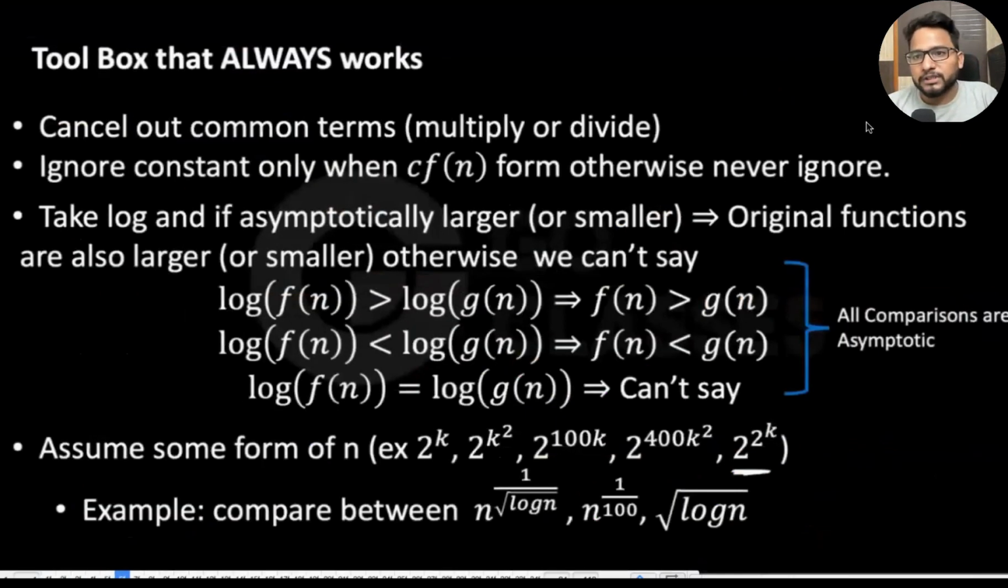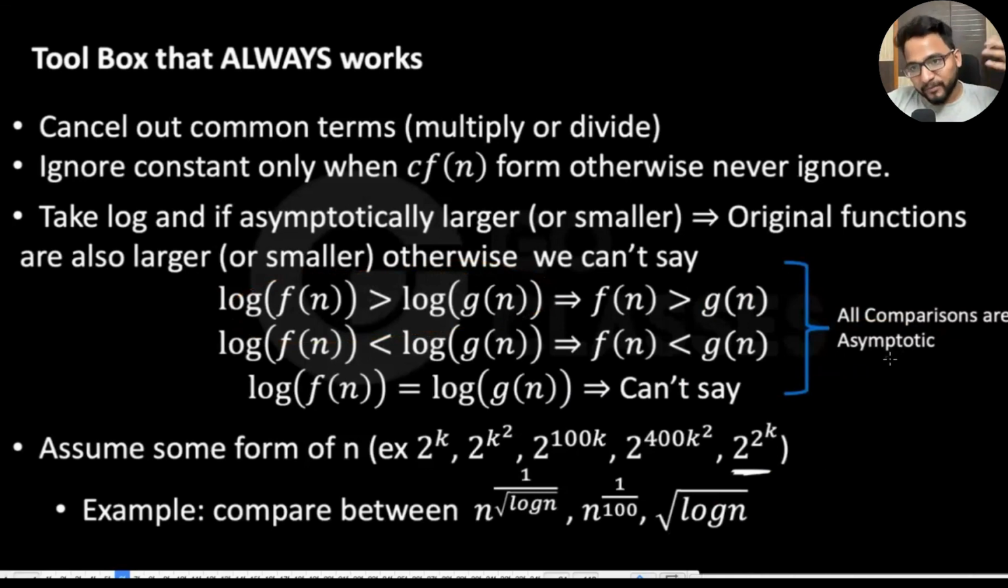That's why I always write that all comparisons are asymptotic. Informally I will just say, okay, this is an asymptotic comparison. This is just for mathematical convenience. Otherwise, formally, these comparisons are the normal comparisons only.